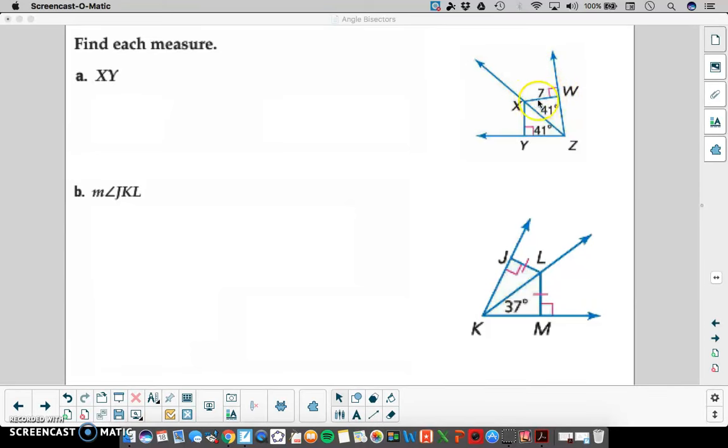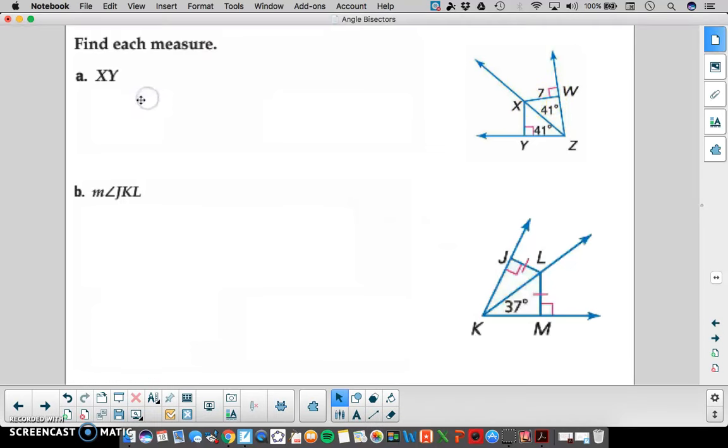So I know that XW is that perpendicular distance and XY is that perpendicular distance to each side of the angle. So because I know it's the perpendicular distance, I know those have to be equivalent from the same point X. So I know that XY has to be congruent to XW. Those measures have to be equal. Therefore, XY has to be 7.